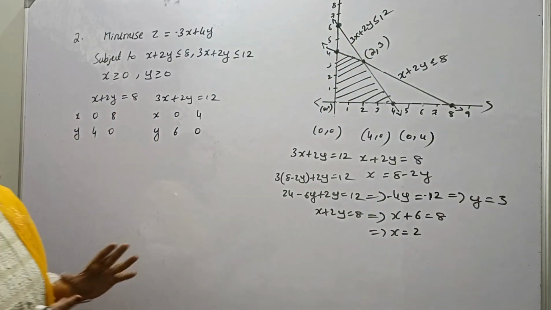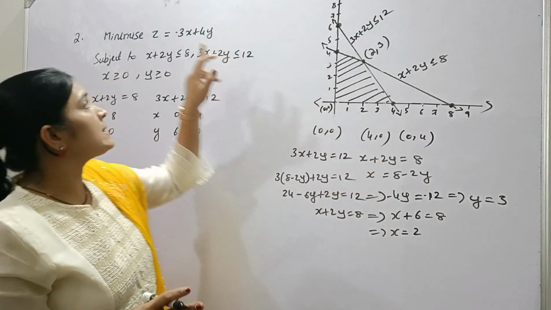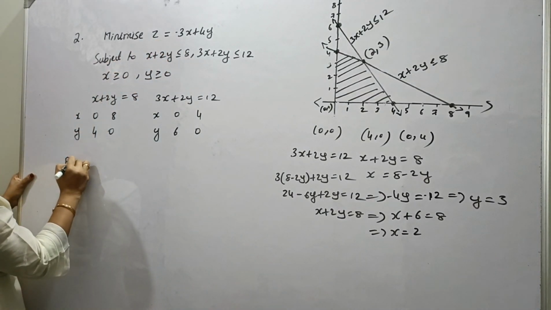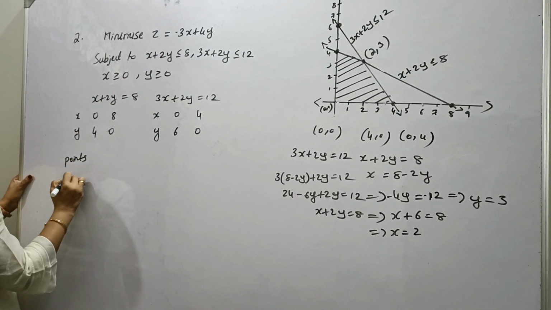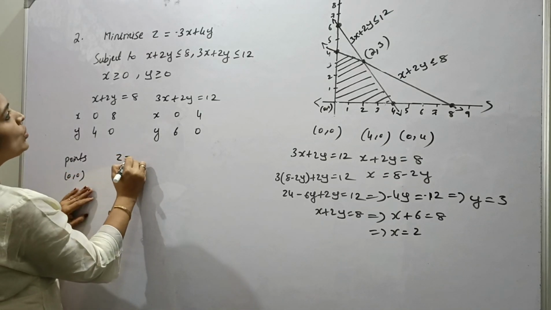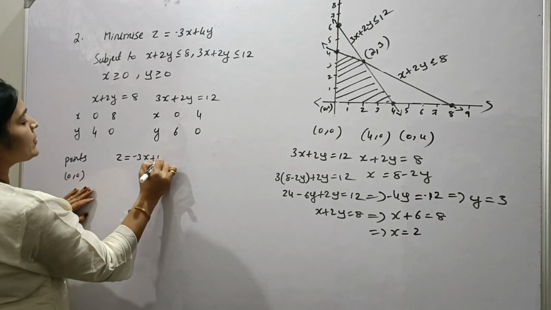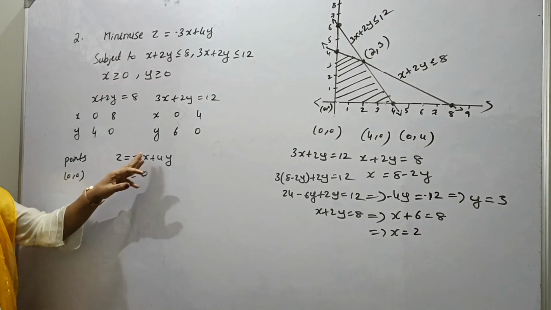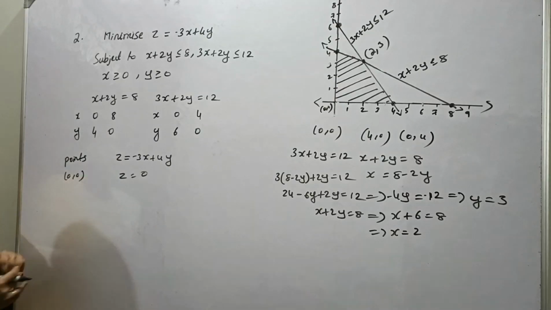Now let's find at which point this z is minimum. Corner points, first of all 0, 0. Z is equal to minus 3x plus 4y. So what is z? 0, right? When x is equal to 0, y is equal to 0, z is 0.